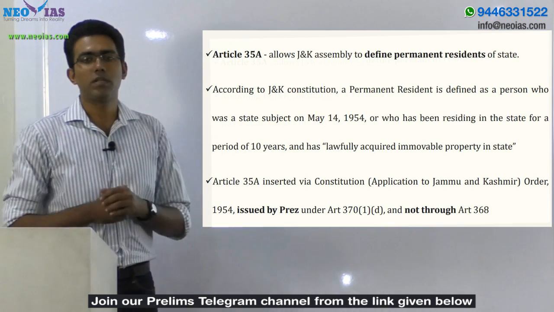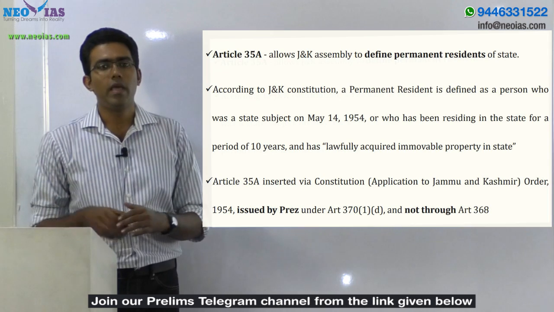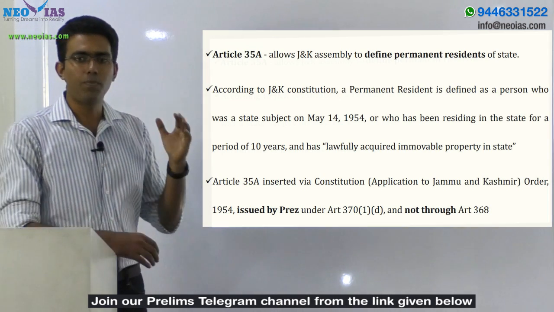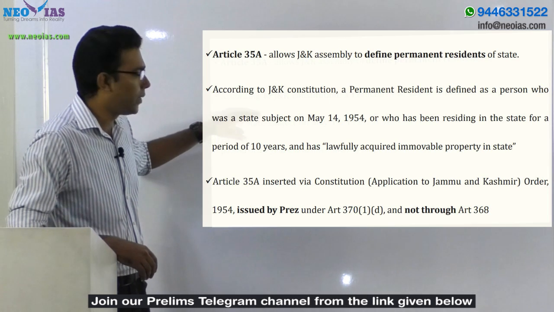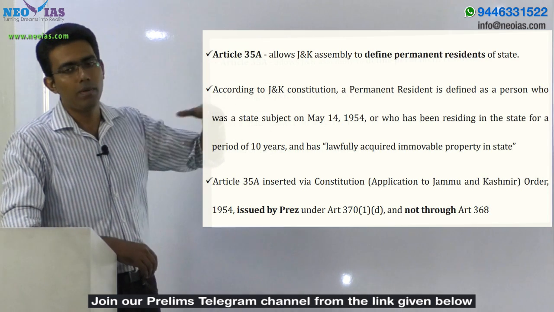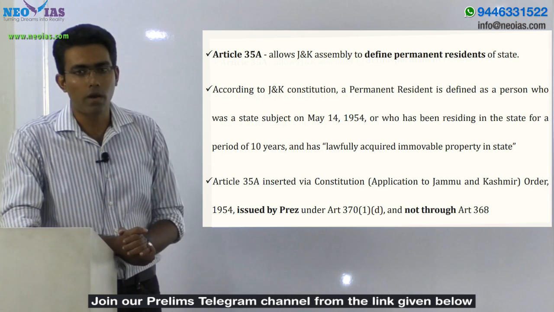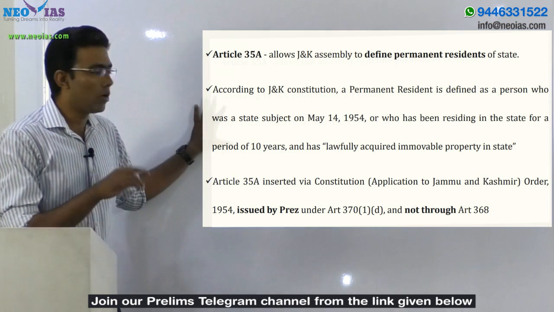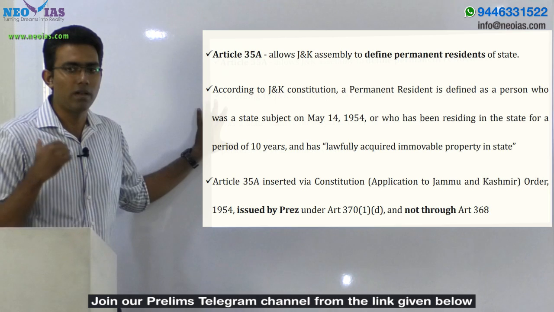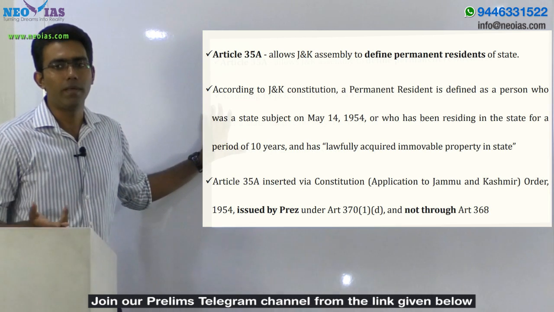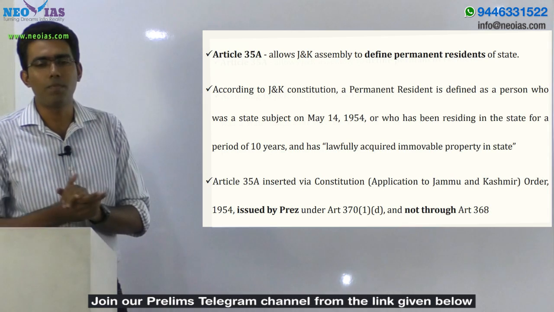So this is how the Jammu and Kashmir constitution has defined permanent residents. And this provision can be amended only by the Jammu and Kashmir legislature, and that too with a 2/3 majority. So that is how Article 35A empowers the Jammu and Kashmir Legislative Assembly to define the permanent residents of that particular state.